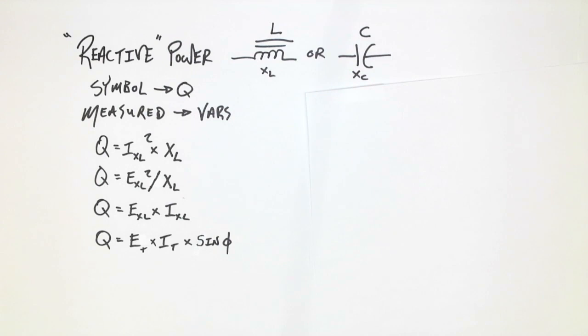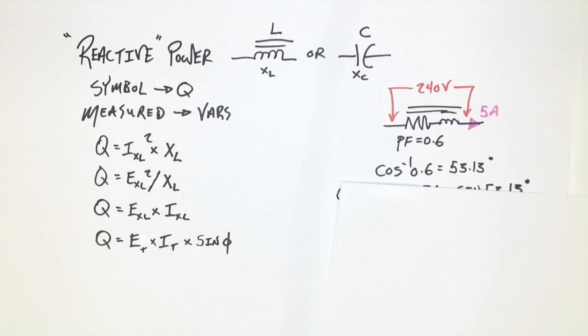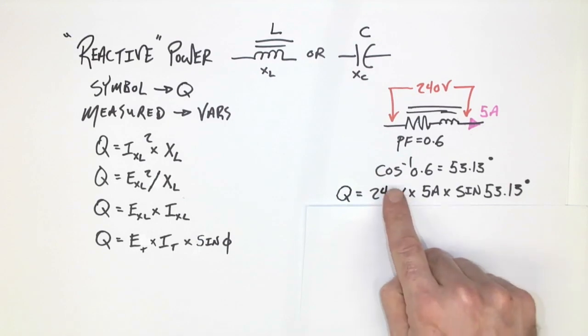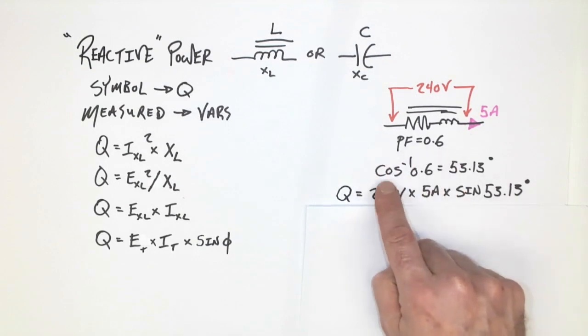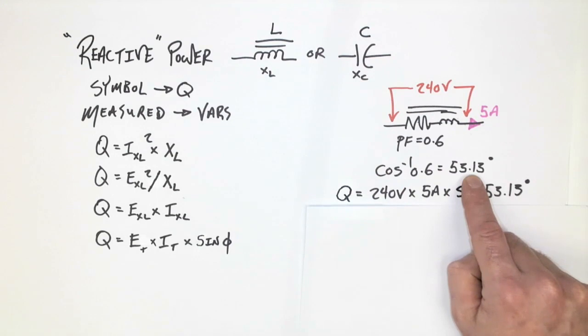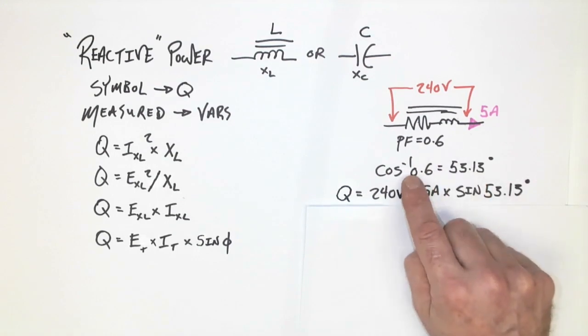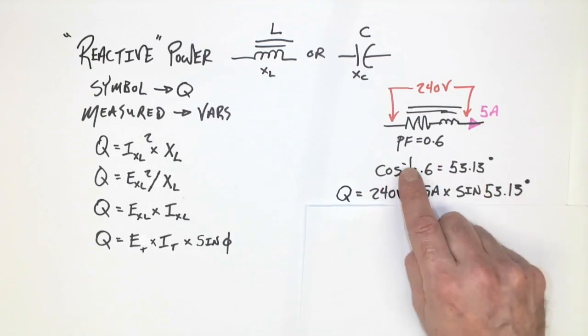If we use the exact same example, where we have our 240 volt, 5 amp, and 0.6 power factor, we should be able to come out with the VARs immediately with one equation. So what I'm using is 240 times 5 times sine of the angle. I needed to convert my power factor out of cosine and back to its original angle form, and that required me to apply cos inverse, or cos -1, in my calculator.